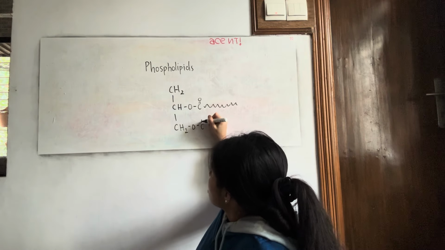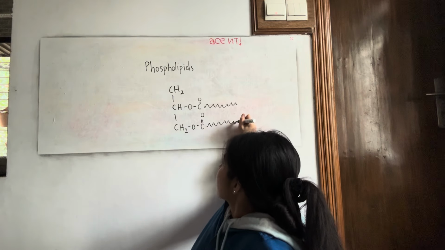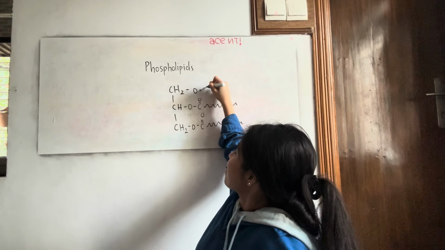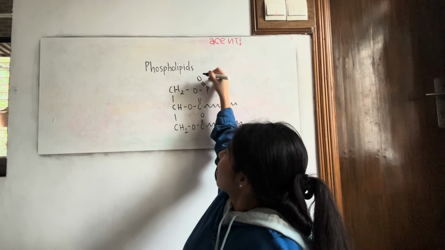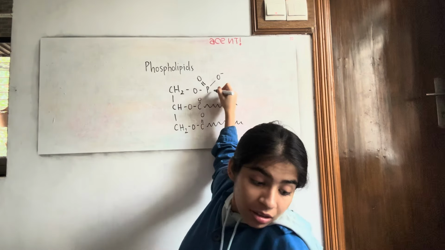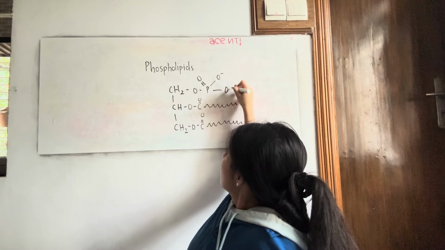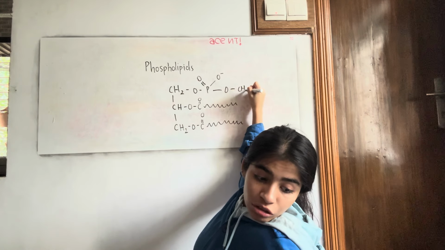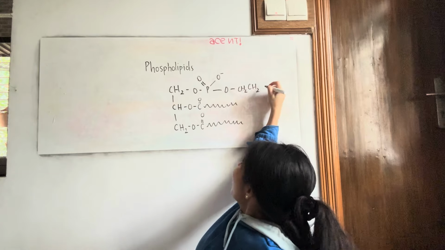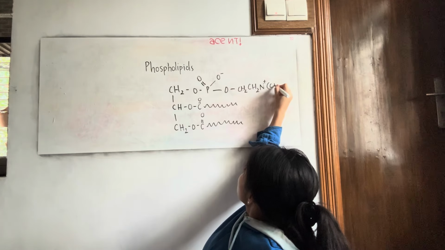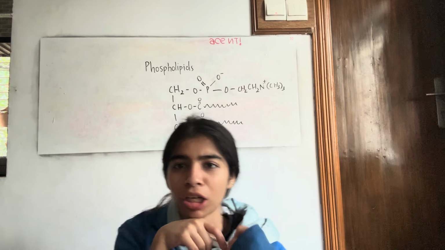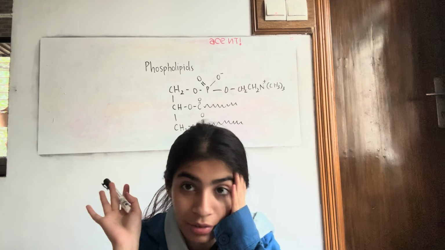CH2O CO and then O P, and then CH2 N. This is what my book says, but I'm not sure if this is the one I remember learning initially, but this is what a phospholipid looks like.